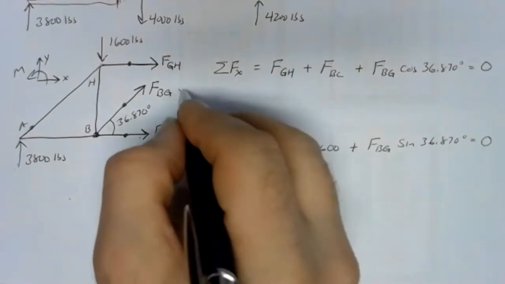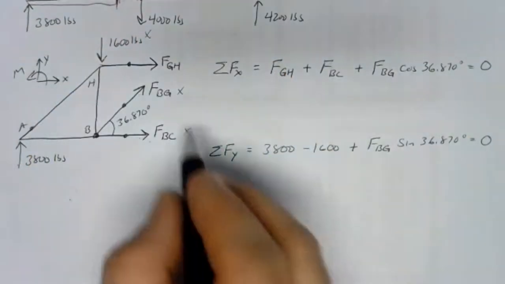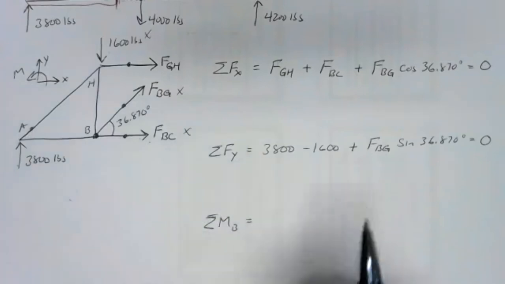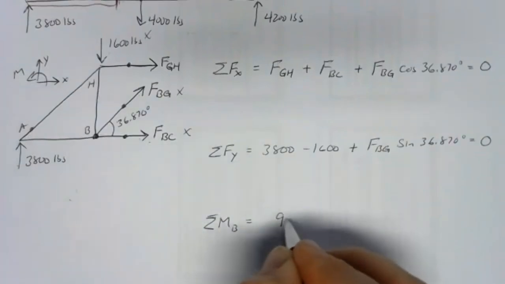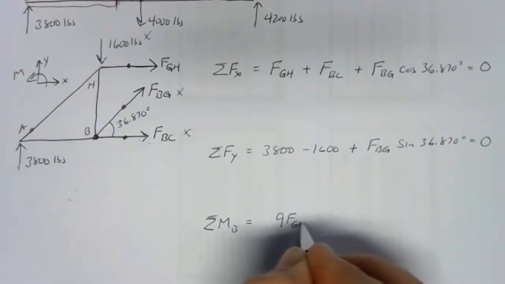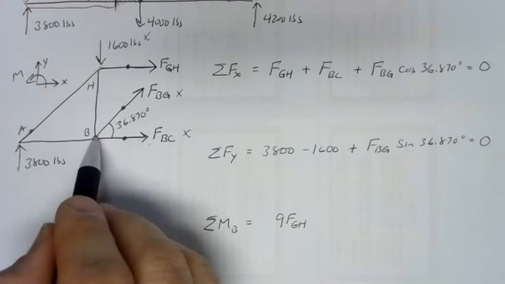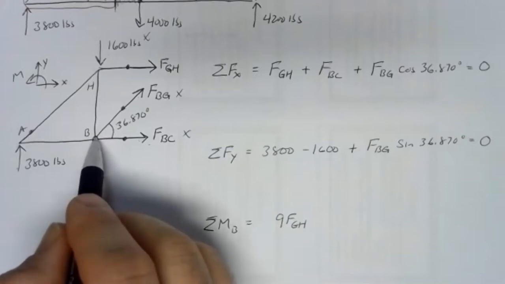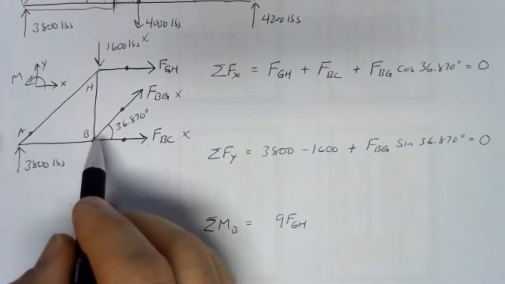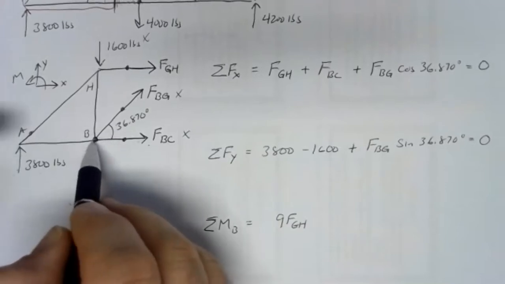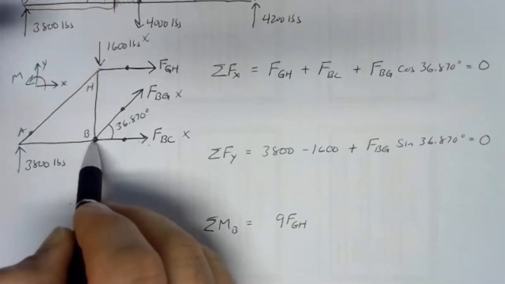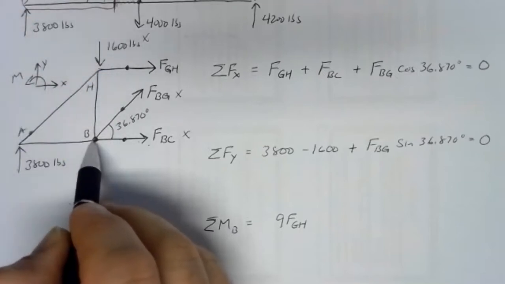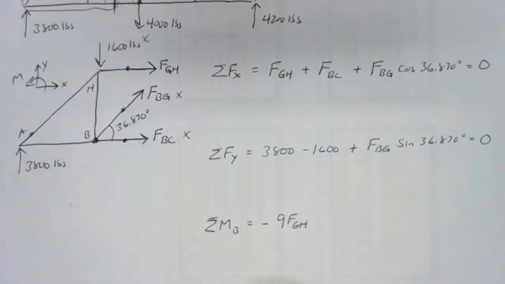So no moment from those two or that one. FGH is 9 feet away, so we've got 9 FGH. Be careful with your directions here because we're pivoting on a point that's not the typical ones that you've used in the past, so really work it out. Pinning at B, pulling to the right at H, that'll give us a clockwise moment, so negative.